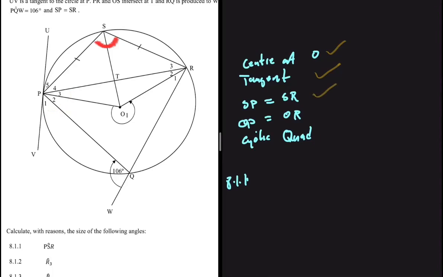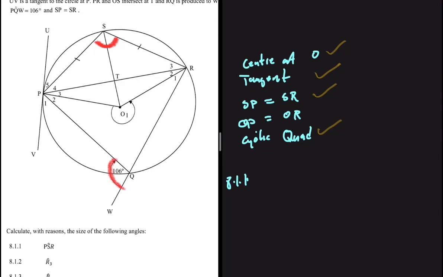SP is equal to SR. It will be easy to find the size of that angle if, for instance, we had P4 or we had R3, right? And then OP is equal to OR. It has nothing to do with that angle. And then the last keyword is cyclic quad. And as you can see, angle WQP, this angle here of 106 degrees, should be equal to angle PSR.